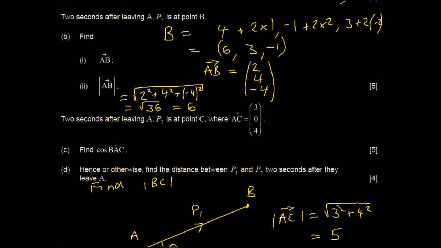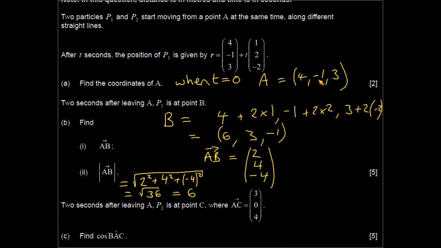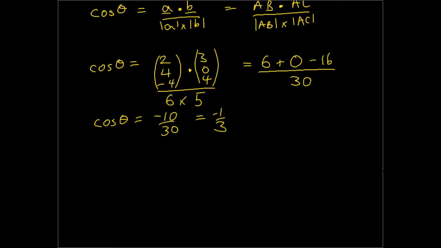So where is point A? Point A is at 4, minus 1, 3. I'm just going to write these things further down here. So this is part D. A is at 4, minus 1, 3.